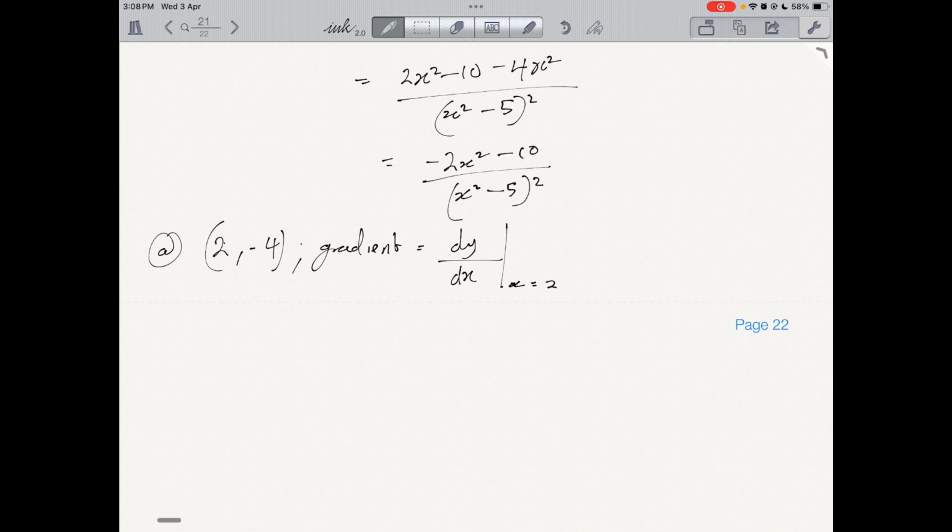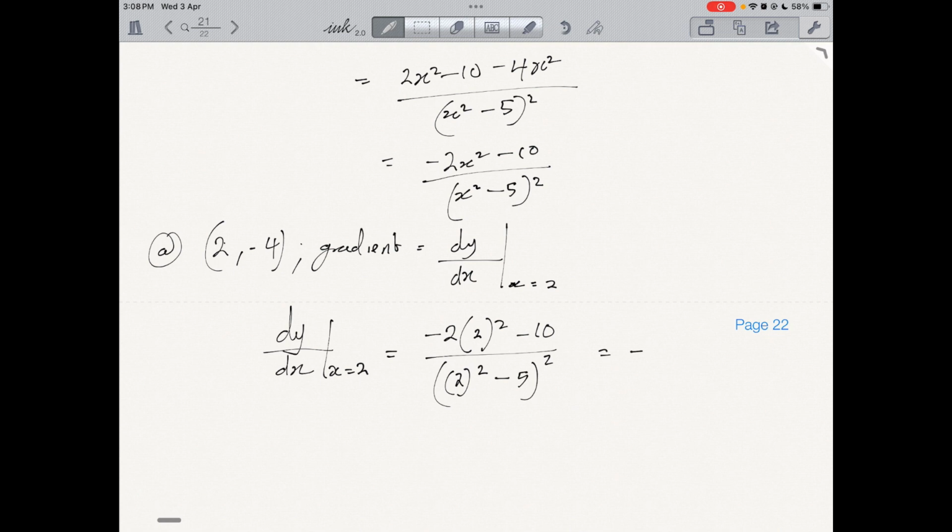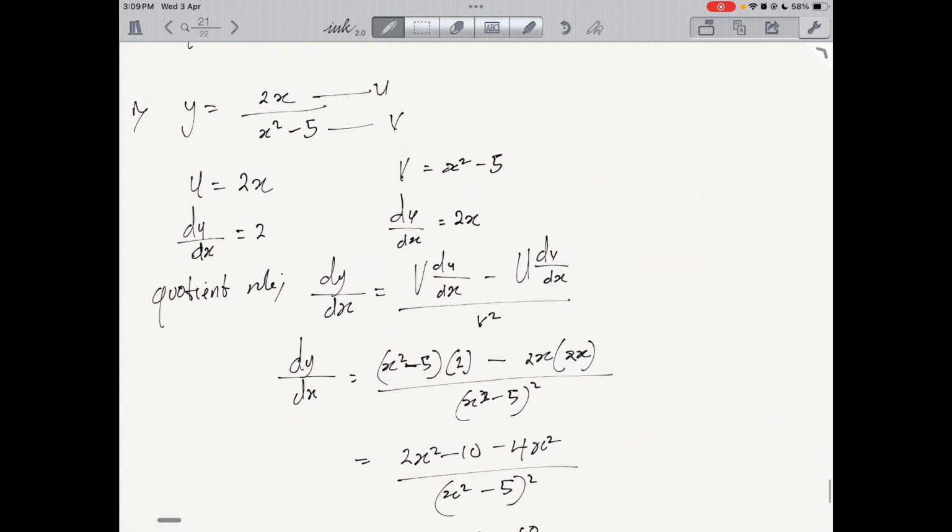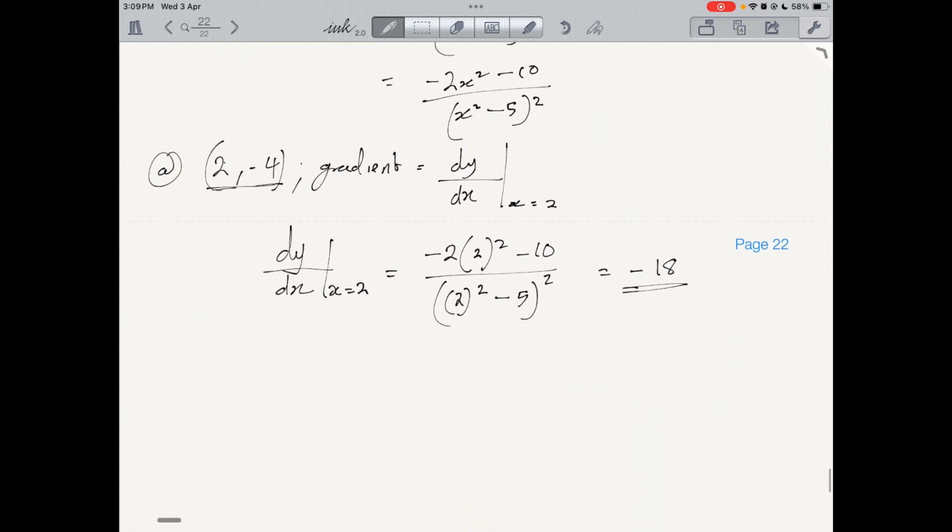So dy/dx at x equals 2 is minus 2 into 2 squared minus 10, divided by 2 into 2 squared minus 5, all squared. Simplifying this, we have our answer to be minus 18. So the gradient of the curve at 2, minus 4 is minus 18.